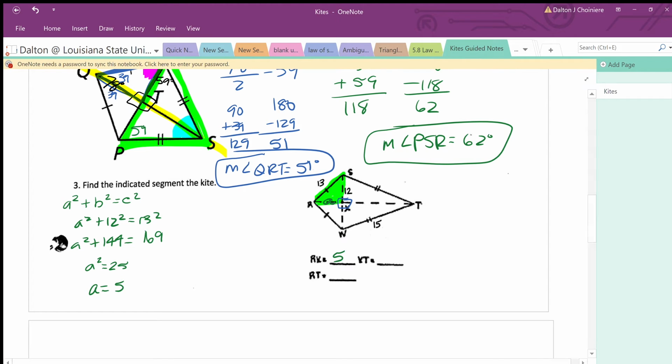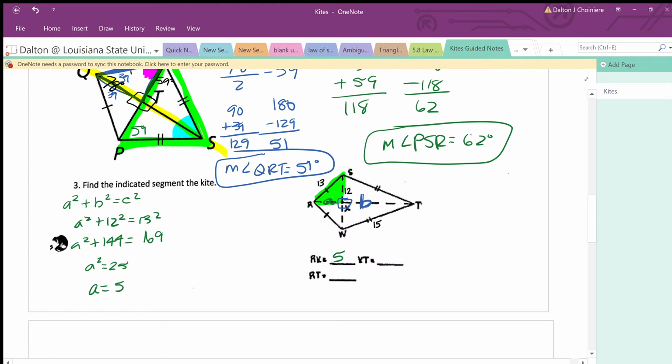Okay, the next one, it says find XT. Let me pick a different color. XT, let's call this length, I mean, you could pick any, you call it B if you want. So this time we're going to be focused in on one of the right triangles that has B on it.